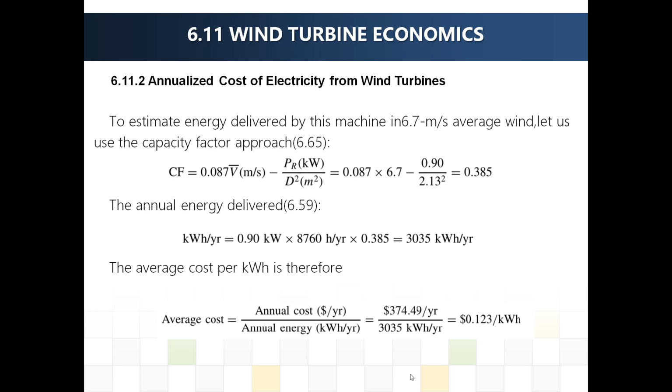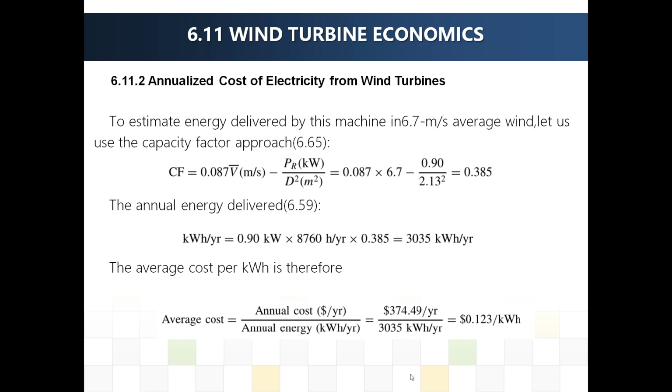And we use the 0.9 kilowatt, that is the rated power, multiplied by 8,760, multiplied by the capacity factor 0.385, and we obtain the annual energy delivered by this wind turbine is 3,035 kilowatt hours per year.